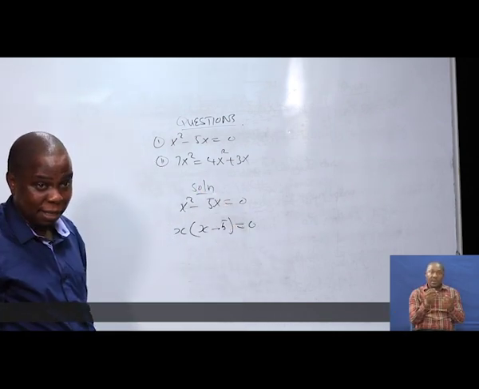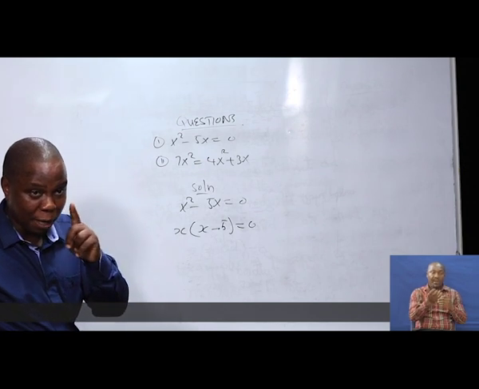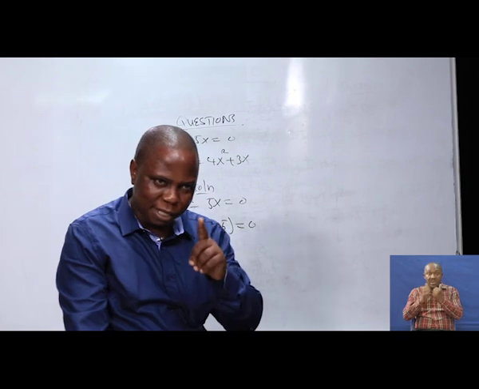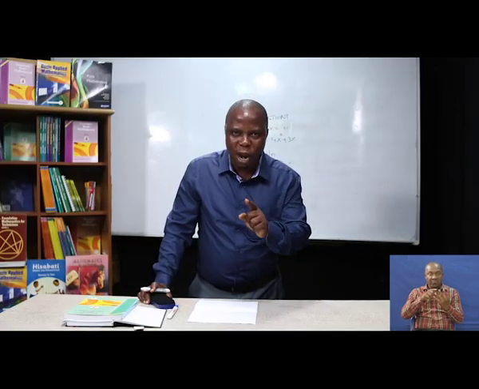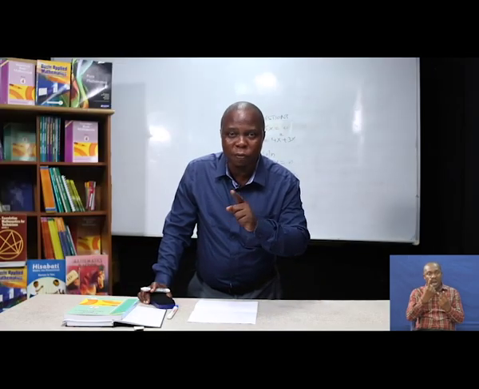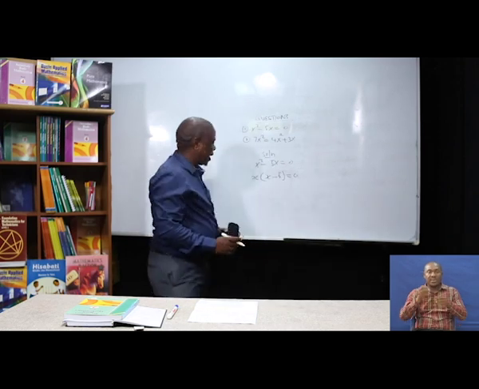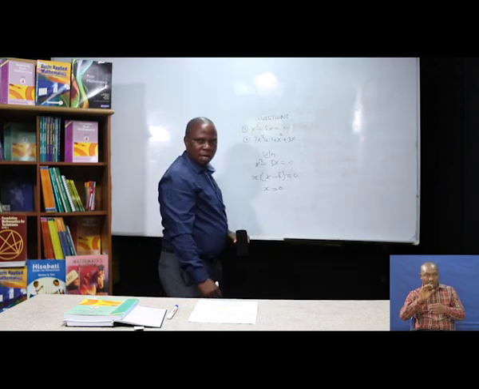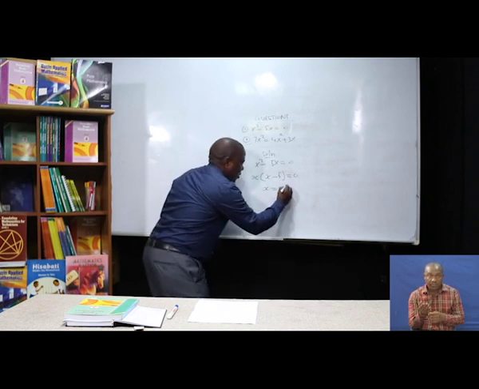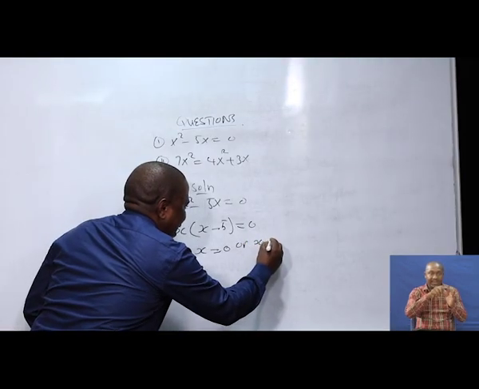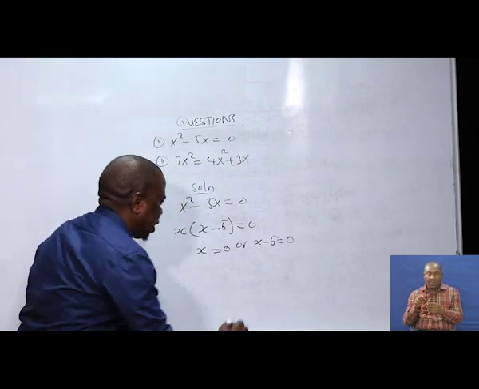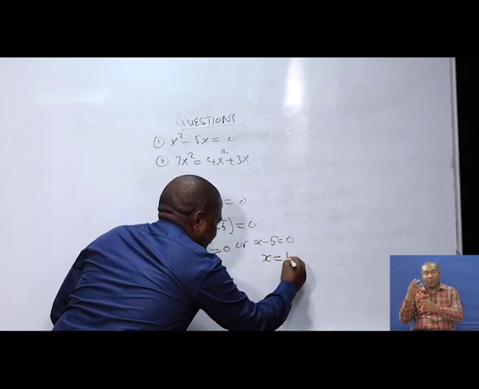Remember, for the product of 2 or more numbers to be 0, one of them or all of them should be 0. So either x should be equal to 0, or x minus 5 should be equal to 0, of which x is equal to 5 here.